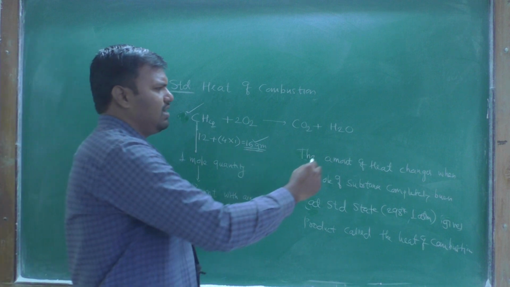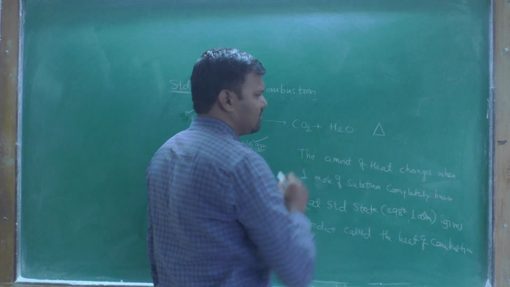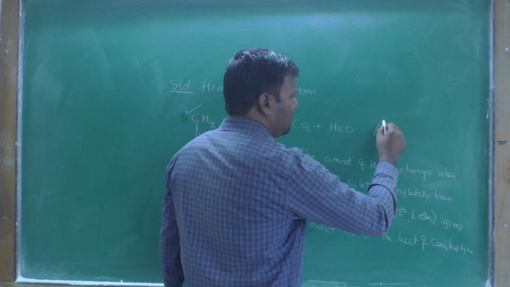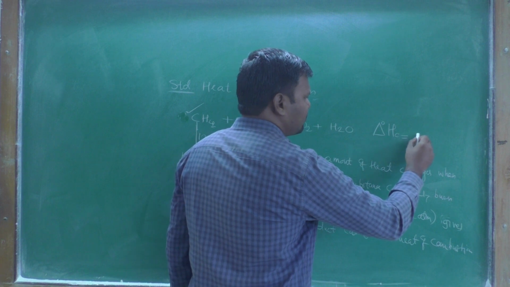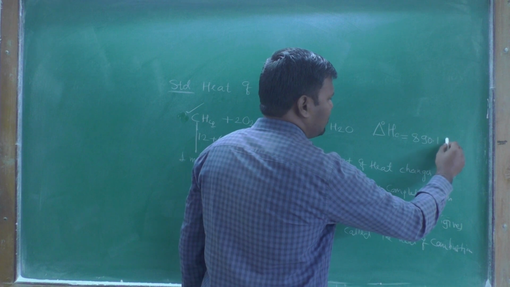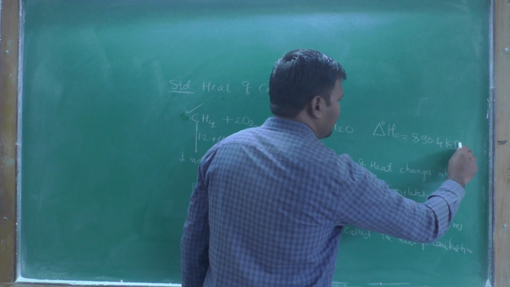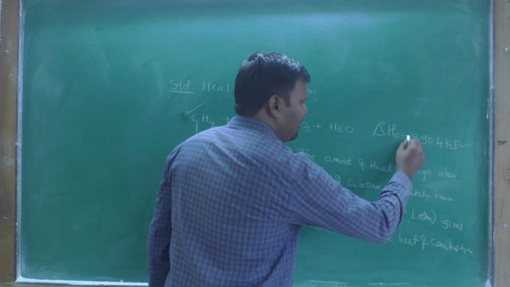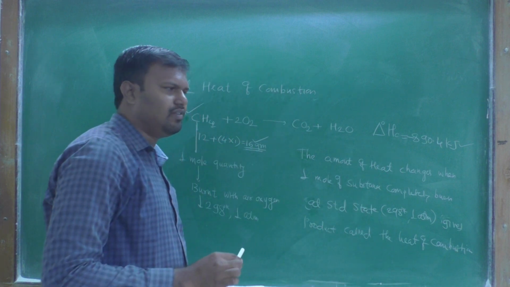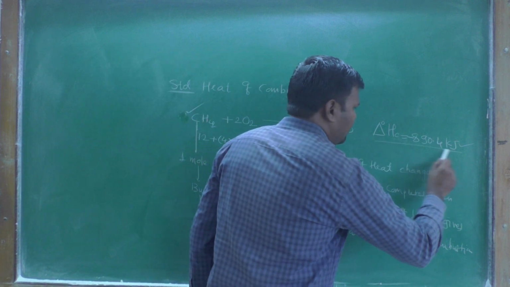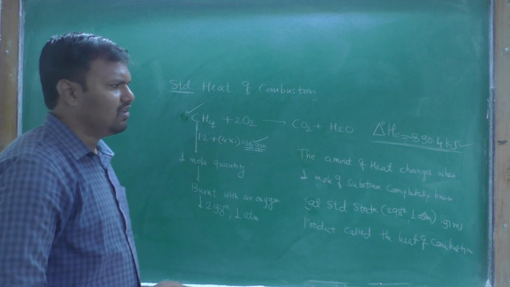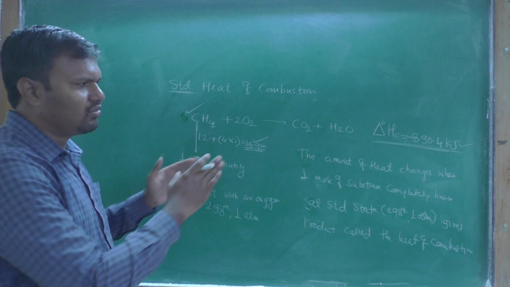Okay. The energy is released in this process, and heat of combustion is given as delta naught Hc, 890.1 kilojoule energy will be released. If energy is released, we give the negative sign. Negative sign for the heat evolved, or the reaction is exothermic, then we give the negative sign for this energy.